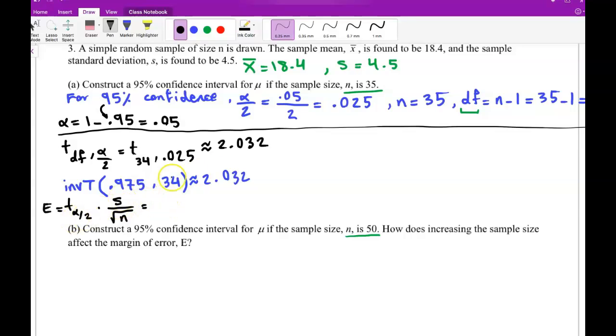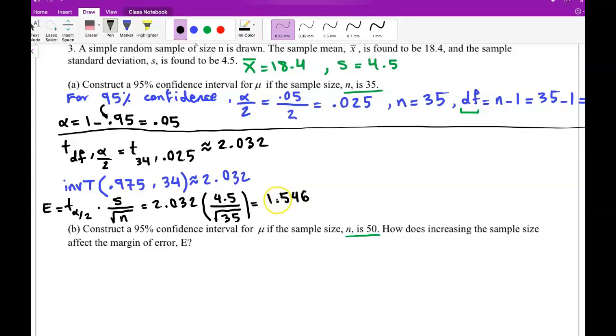So that is for t here, and that's why we got 2.032. Then multiply by s is 4.5. And n is 35. That is equal to 1.546.